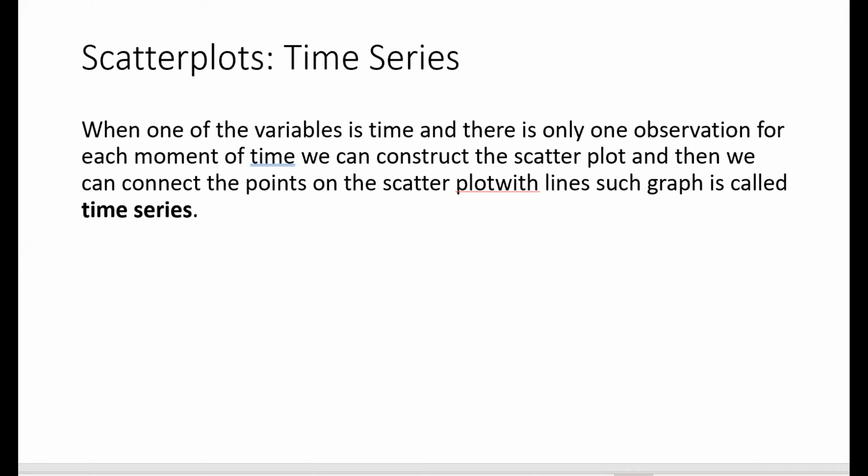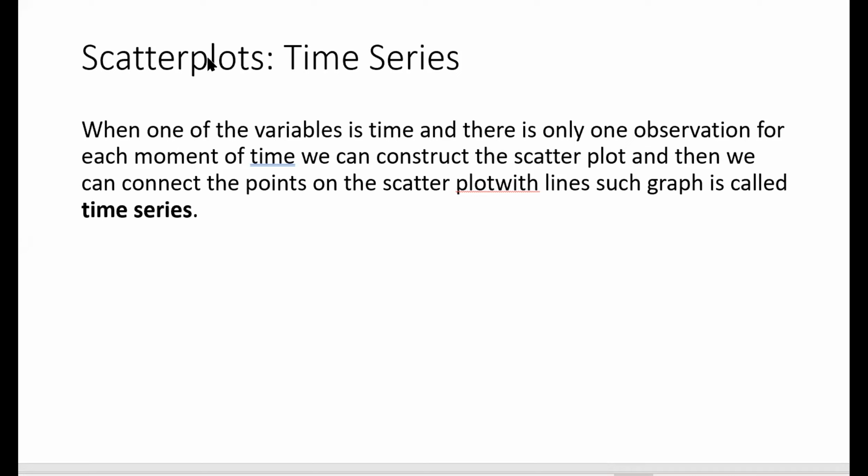All right, we have one more scatter plot called a time series. This is another type of scatter plot, where for the independent variable we have time. It could be years, days of the year, or months of the year, and then we have one value for each time stamp.